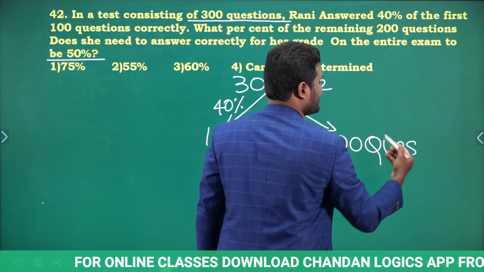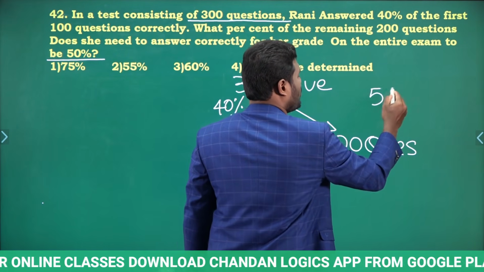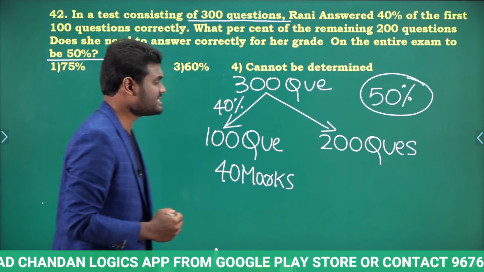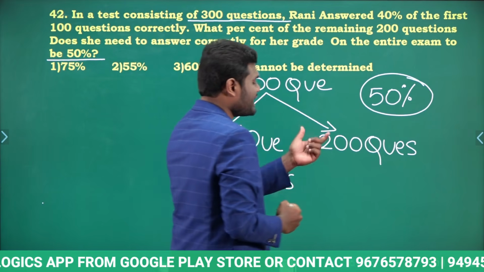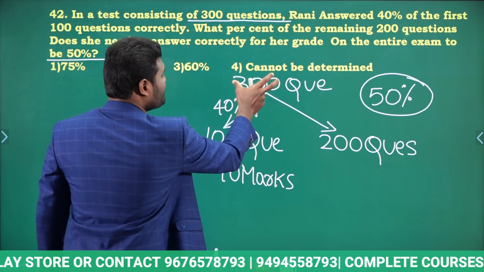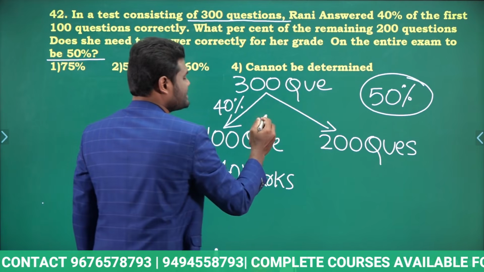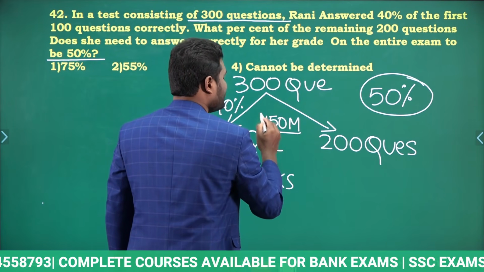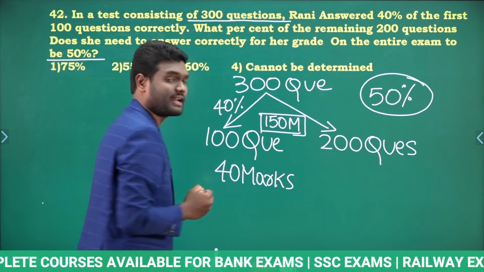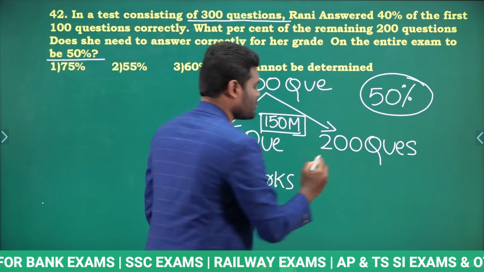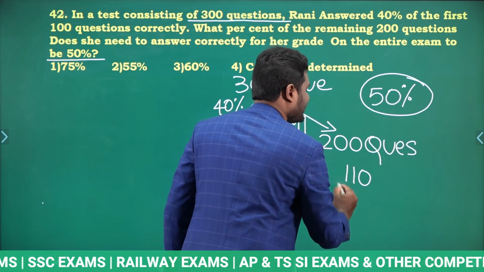Now your question is saying that if she need to get overall 50% grade, 50% grade means how much percentage does she need to score in the remaining 200 questions? Now look here, out of 300 questions, 50% is nothing but 150 marks. Yes or no? Which means she need to score 150 marks. Already she scored 40 marks. Then how many more marks required? 110 marks required.